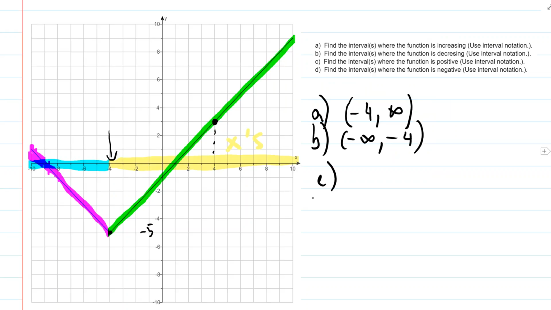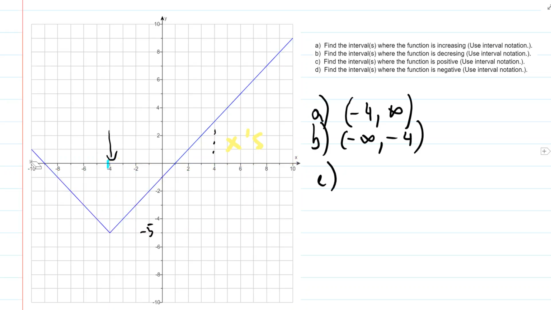Now find the intervals where the function is positive. So where are the y values positive? So let me erase this so I can look again. Where is the function positive? The y values are positive. Well, basically here, right?